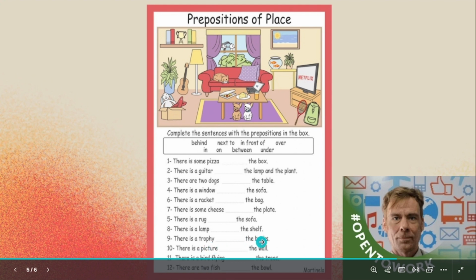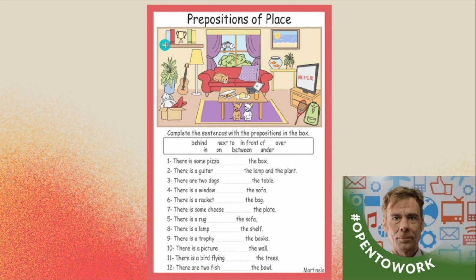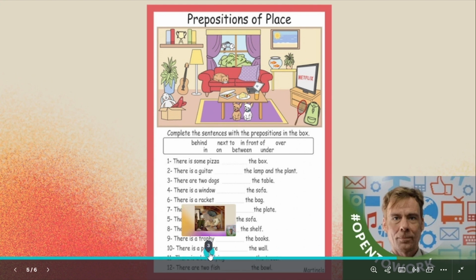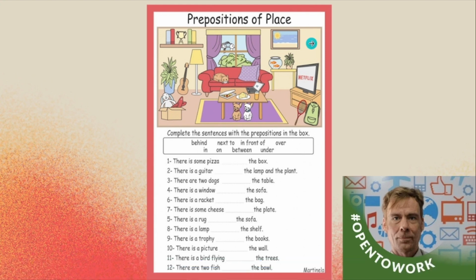There is a trophy, the books. Here's the trophy. Here's the books. The trophy is between the books. There is a picture, the wall. Here's the picture. Here's the wall. The picture is on the wall.